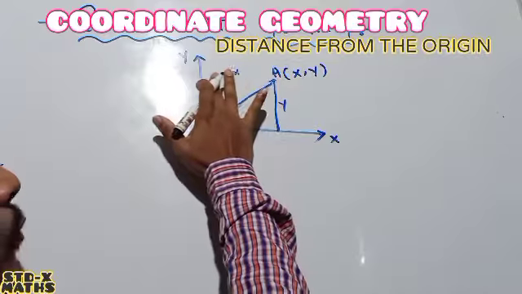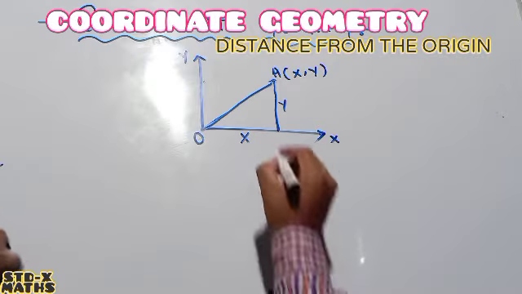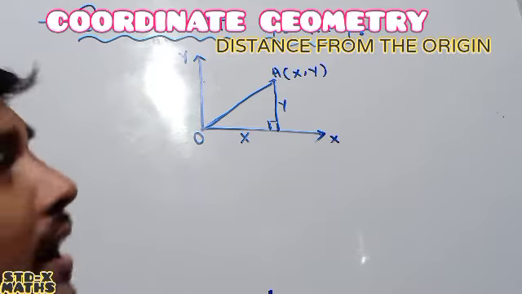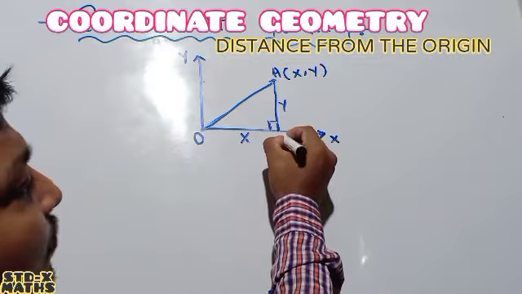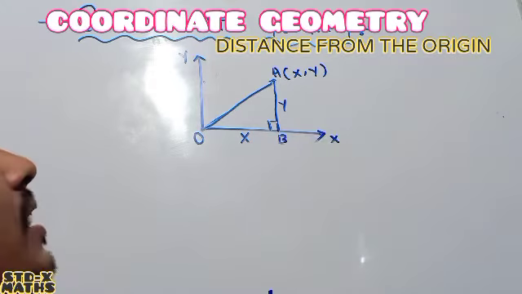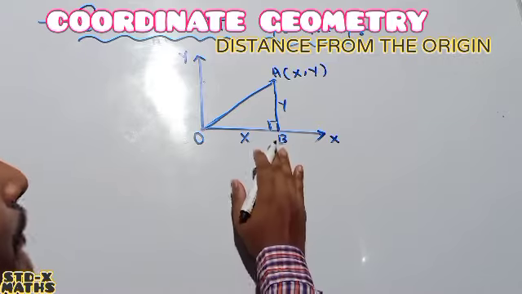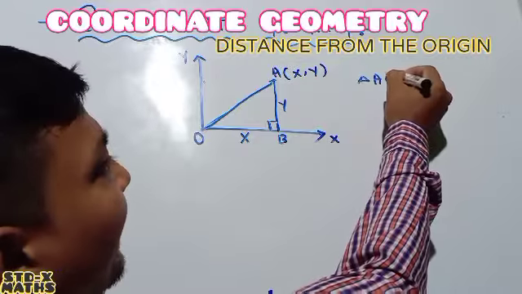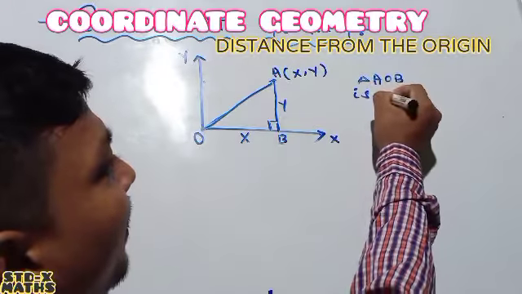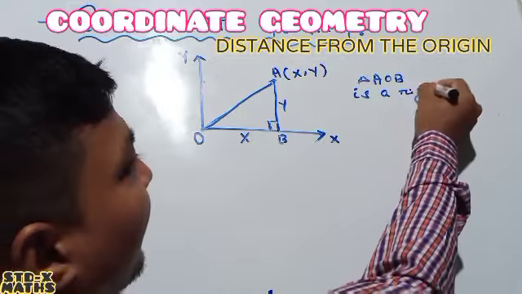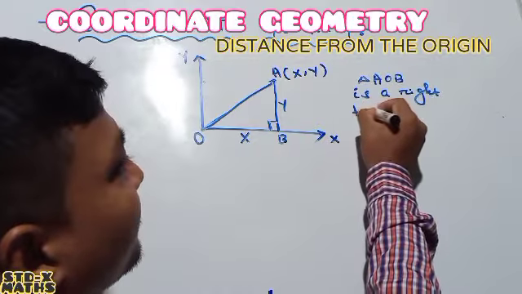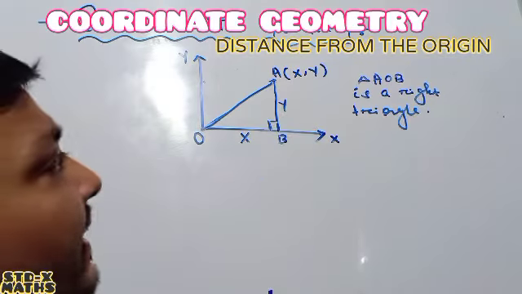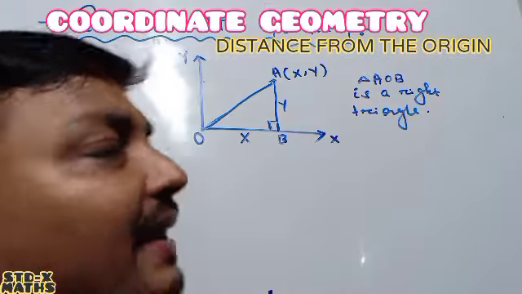Now I am erasing this one. As it is the perpendicular distance, it will be 90 degrees. Suppose the name of the point is B. Now just see triangle AOB. Triangle AOB is a right angle triangle, clearly seen as it is 90 degrees.